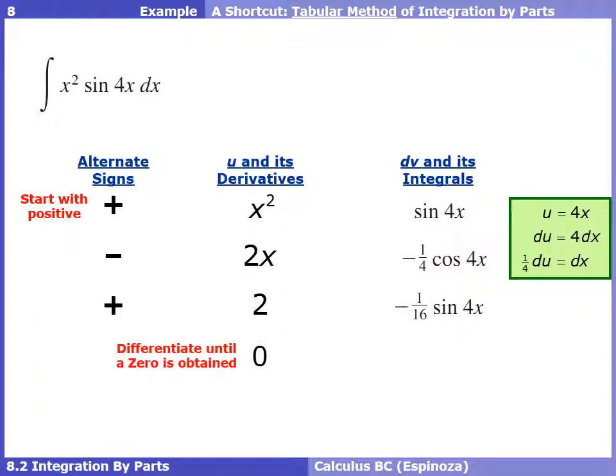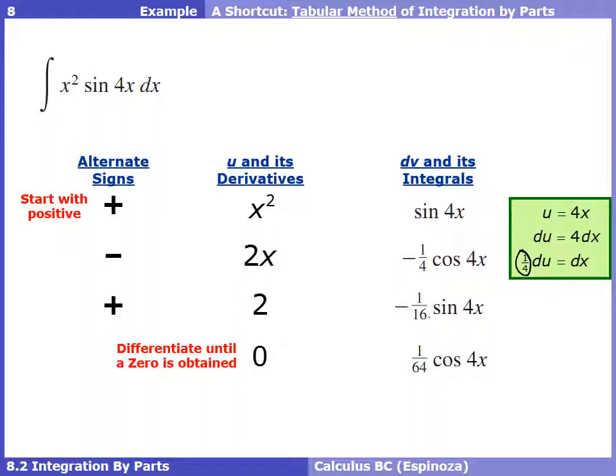Now we're almost done with this problem because we've differentiated all the way down to getting a 0. And then in our last integral, just like you saw above, the integral of sine 4x would be negative cosine 4x. But since we had a negative from above, that would become a positive, and then just like you saw from before, we'd have to have an extra 1/4 in the front of our integral.